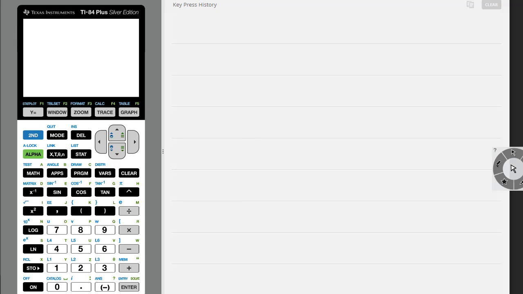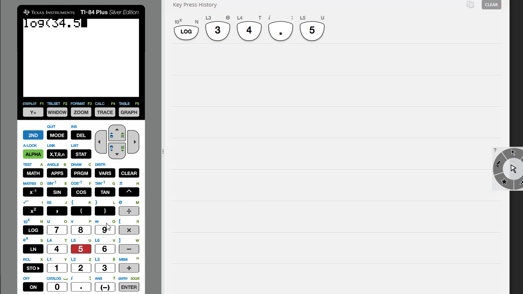Okay, so here's the log key right next to the 7. So if we hit log, and the example is 34.5, so log 34.5, and that's it. Okay, now how could we interpret that?